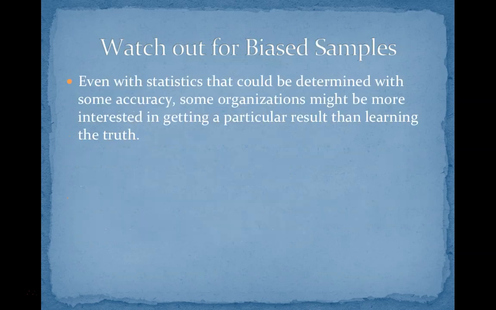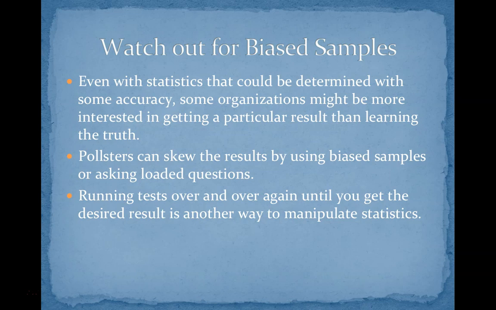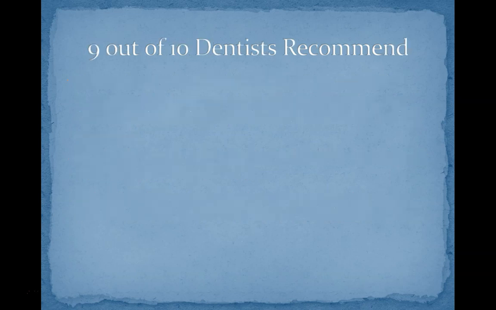Even with statistics that could be determined with some accuracy, some organizations might be more interested in getting a particular result than learning the truth. Pollsters can skew the results by using biased samples or asking loaded questions. Running tests over and over again until you get the desired result is another way to manipulate statistics.